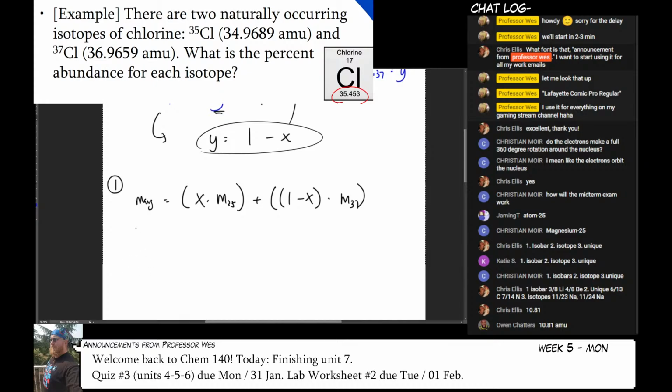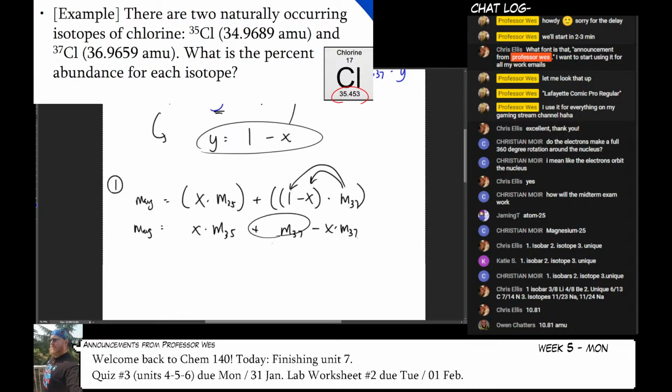And let's do some algebra. So average mass equals, this doesn't do anything, but this would get factored in. So I would multiply both terms by that. I don't need these parentheses anymore because I'm not multiplying. I just have addition and subtraction now, yeah? But I need to get x by itself. So I need to isolate everything that has an x in it on one side, and everything that doesn't have an x in it has to go to the other side.